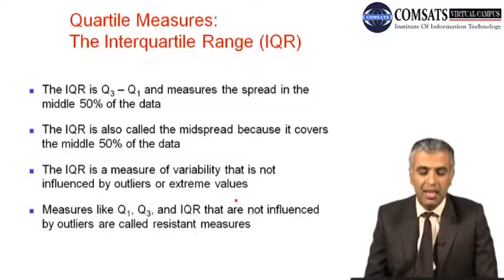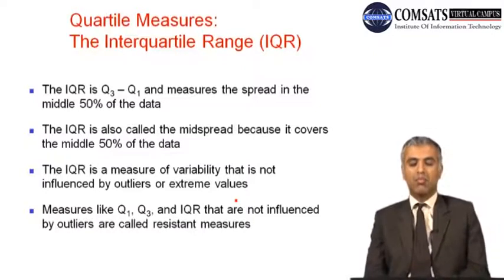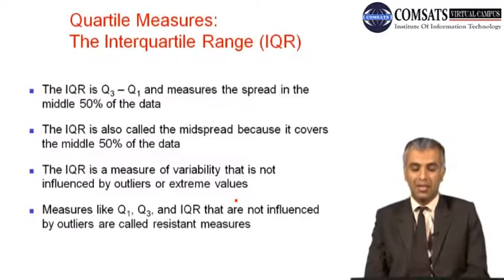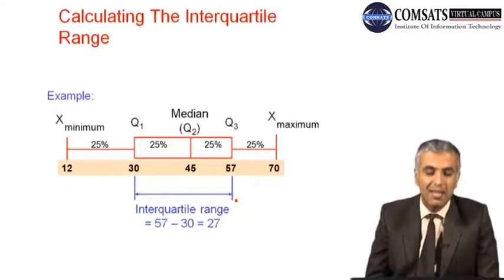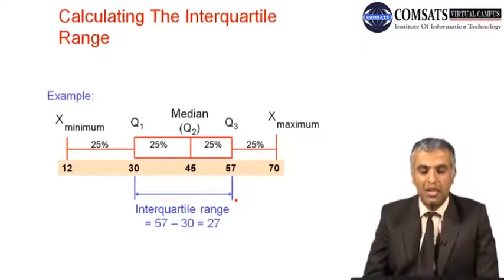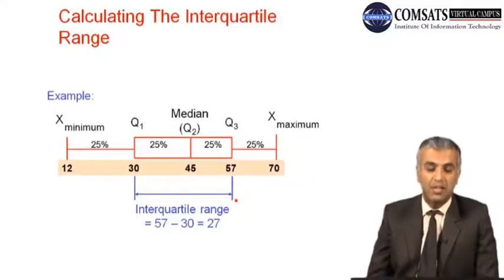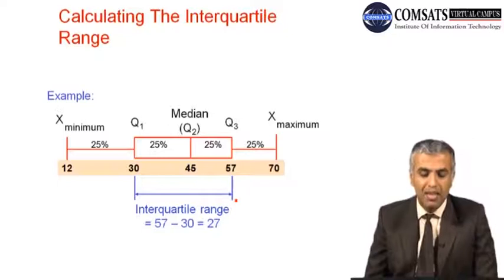So again, measures such as this, which are not affected by outliers, are also termed resistant measures. This can be seen from one example shown on the screen, a certain data set which ranges from 12 to 70.